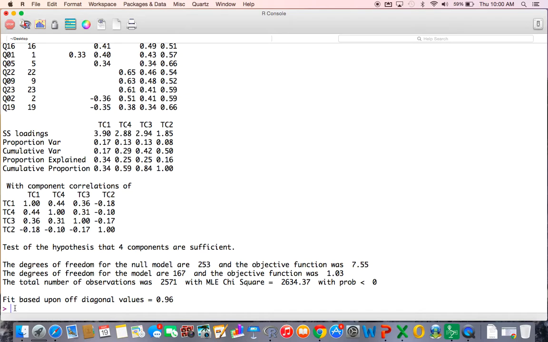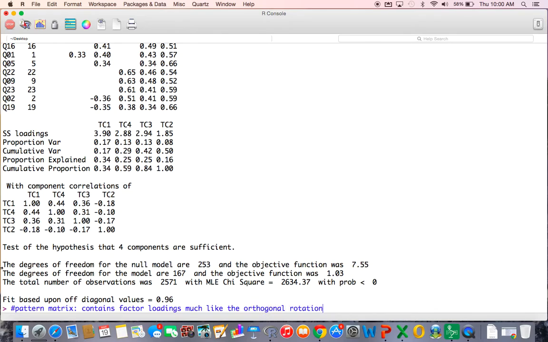You end up with two matrices. One thing you end up with is your pattern matrix. And what this thing does is it contains the factor loadings, much like the orthogonal rotation.